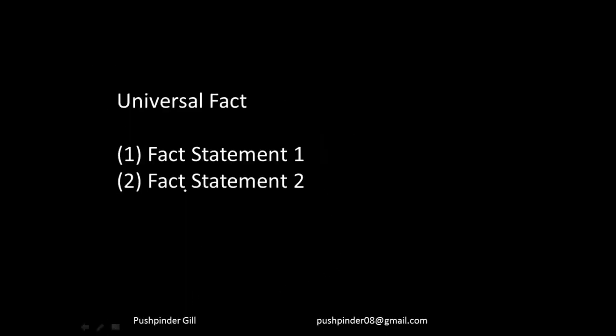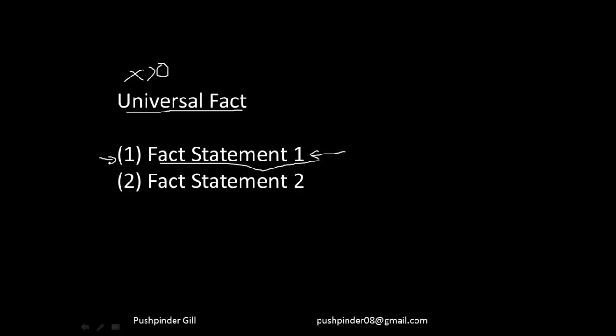If I give you the skeleton of the question, this over here is a universal fact. This is going to remain true throughout the question. If over here I say x is positive, or x is greater than 0, that means x will remain positive in all the statements. Now this is fact statement 1. Whatever is given here is going to remain true when you consider this statement.